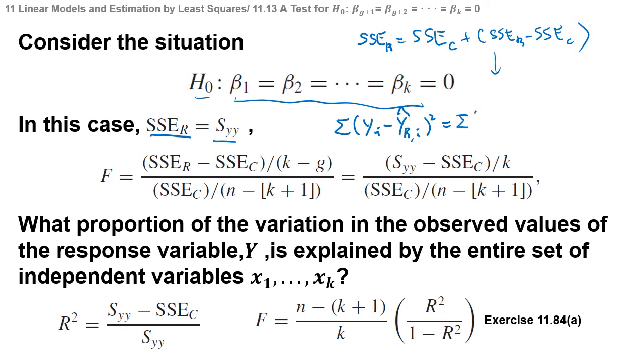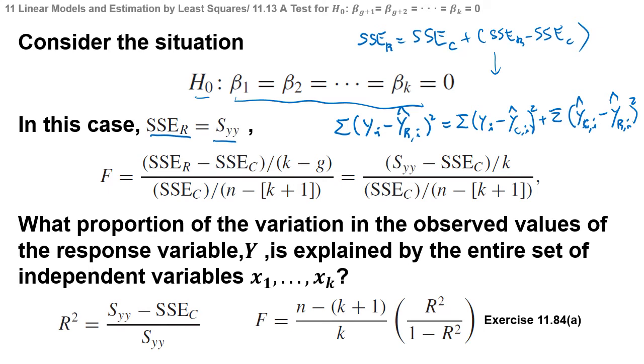This is the sum of y_i minus y hat complete_i, squared, plus the sum of y hat complete_i minus y hat in the reduced space_i, squared.